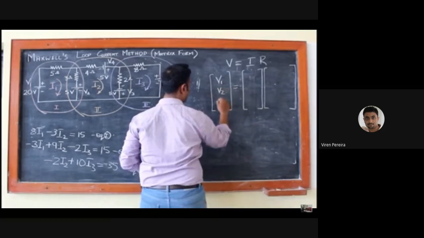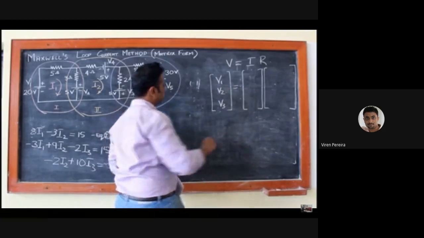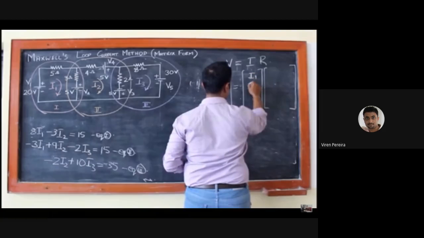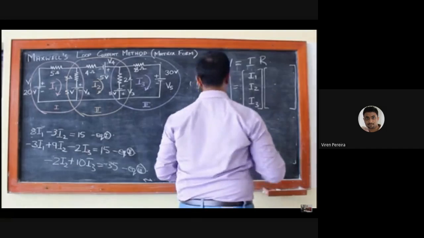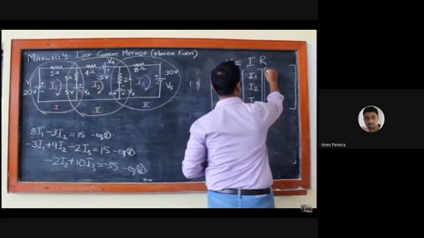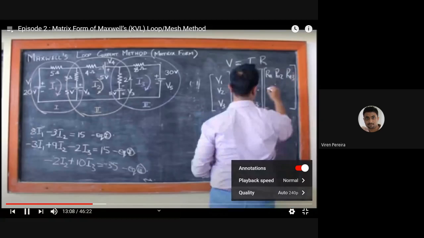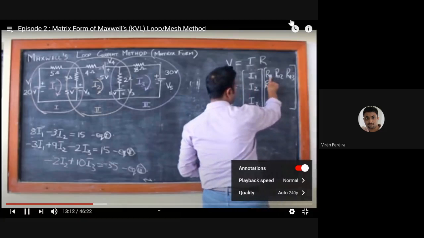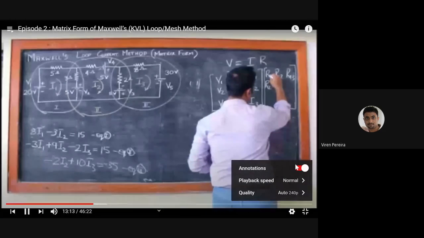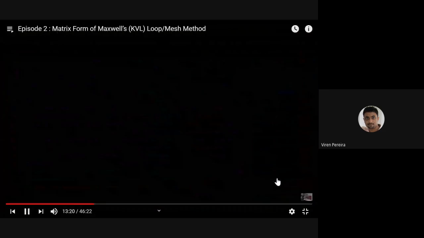V1, V2 and V3. And I have I1, I2 and I3. The same way I have R11, R12 and R13. Again, the first subscript indicates my row and the second subscript indicates my column.